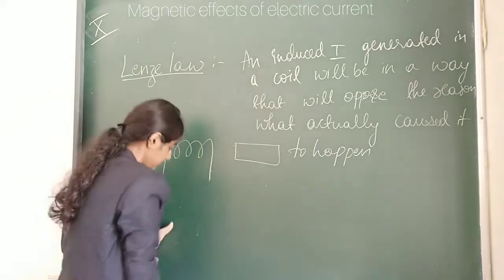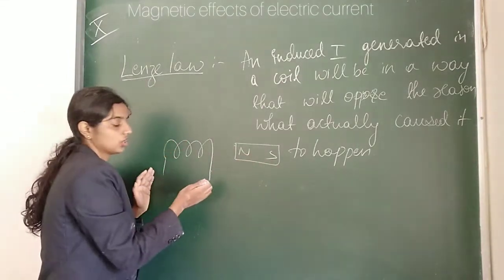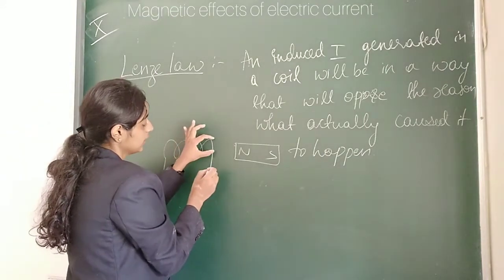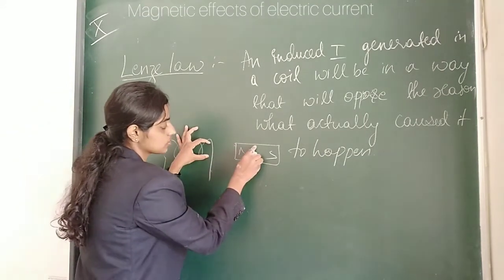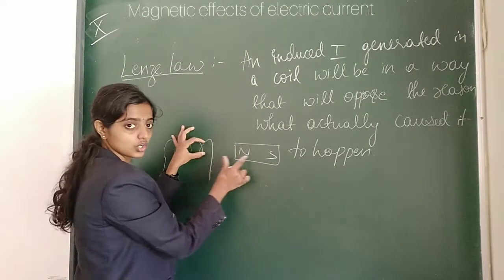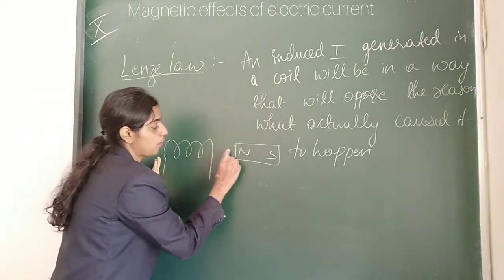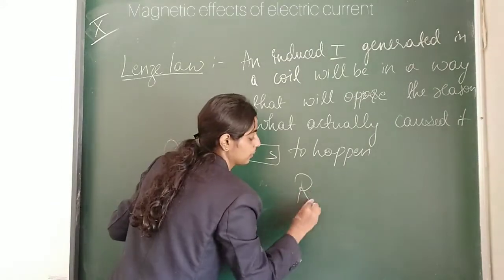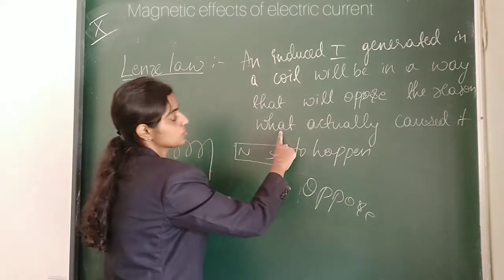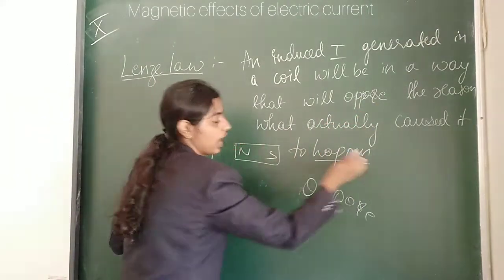So if this is the north and south pole, for the actual process to take place, it will oppose the magnetic field lines of this magnet. All you need to remember is: oppose the reason what actually caused it to happen.